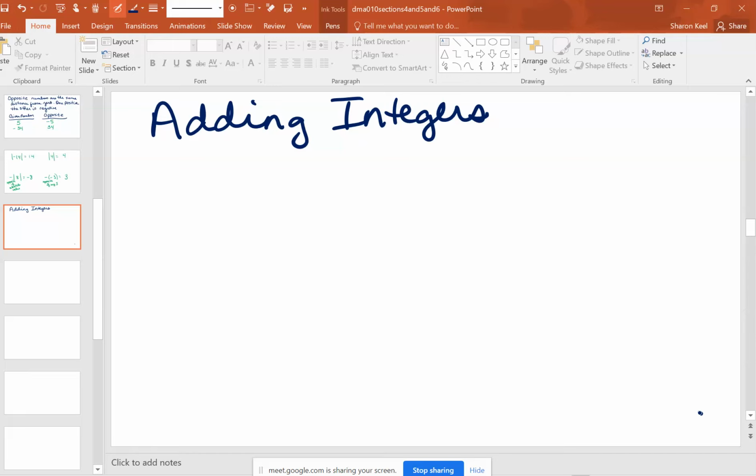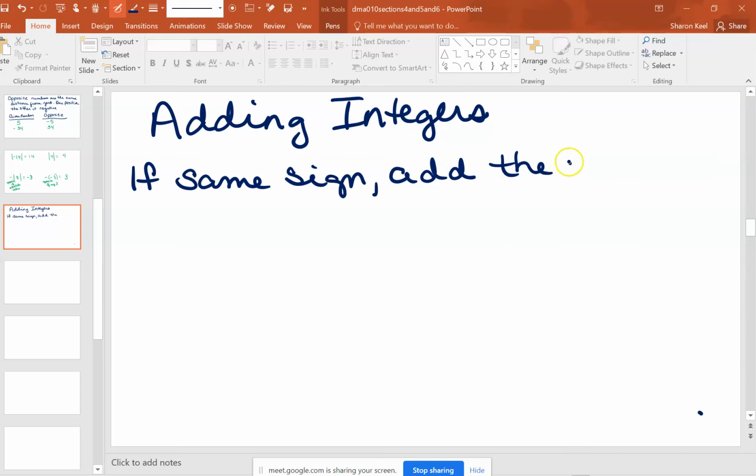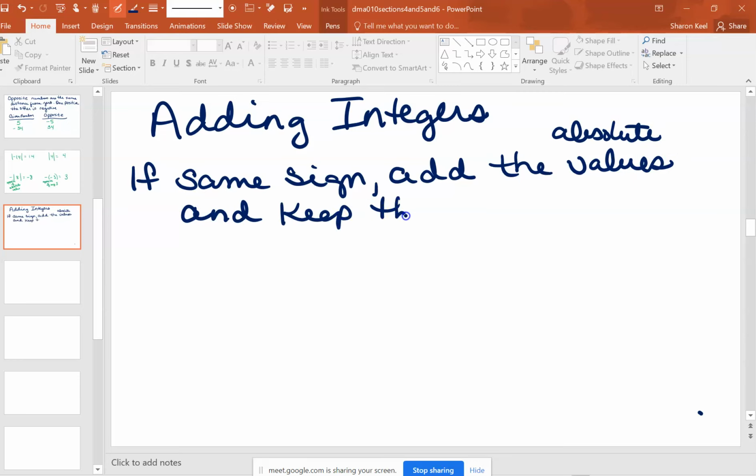So when we're adding integers, if we have the same sign, what you're going to do is add the absolute values and keep the sign.